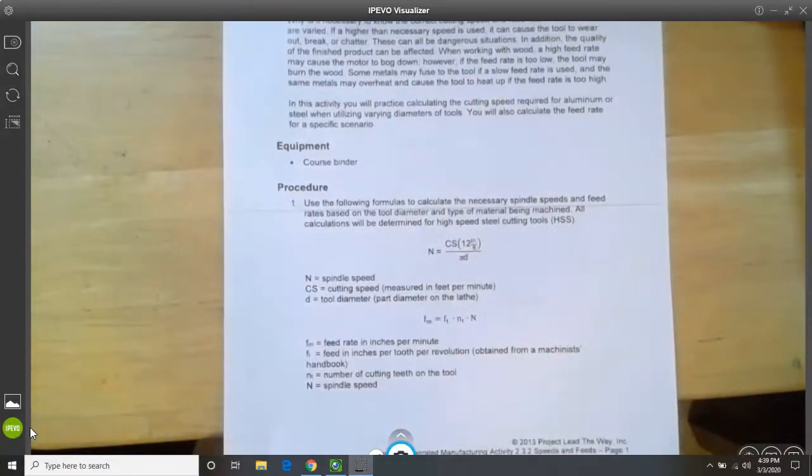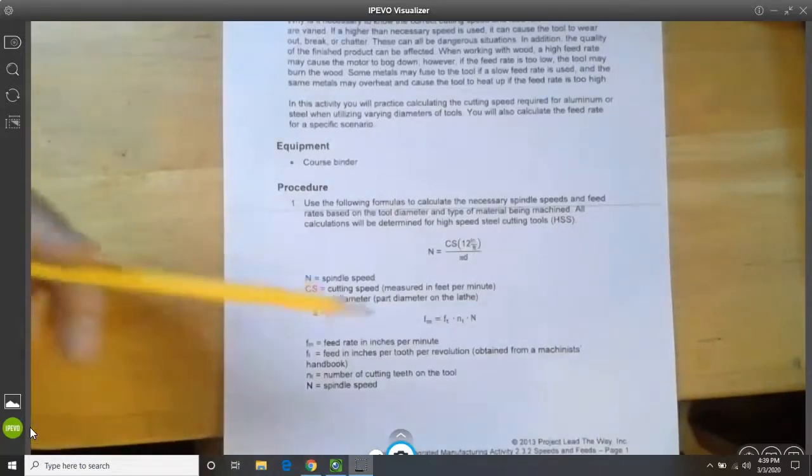In procedure number 1, we're going to use the following formulas to calculate the necessary spindle speeds and feed rates based on tool diameter and type of material being machined. All calculations will be determined for high-speed steel cutting tools, HSS tools. So we have this formula right here.